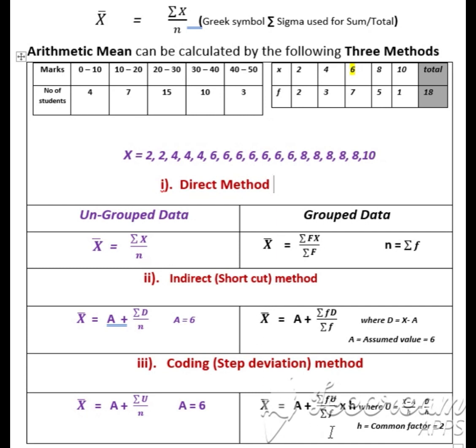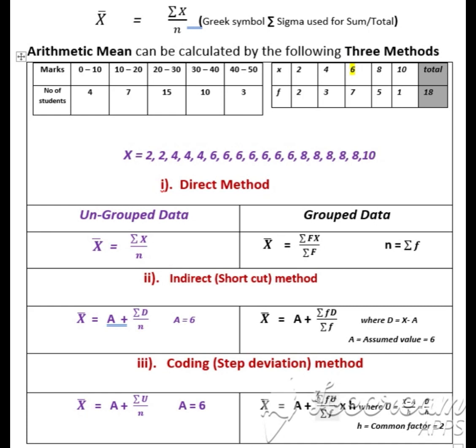So first find u, meaning x minus a divided by h, and x minus a is d, the difference. So d divided by h gives you capital U. Then multiply capital U with f.